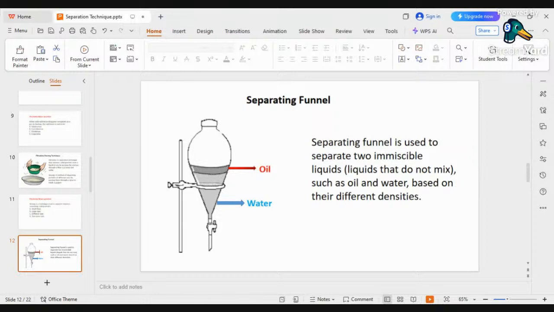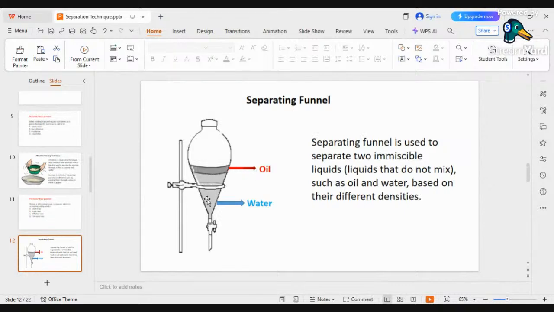You simply put the mixture in a funnel that has a cork, and you allow it to settle. You can give it 1 hour, or 30 minutes, to settle. When it settles, you see the oil floating, and the heavier one, which is the water, will be down. So just open the cork a little, and the water is going to rush out, leaving the oil.